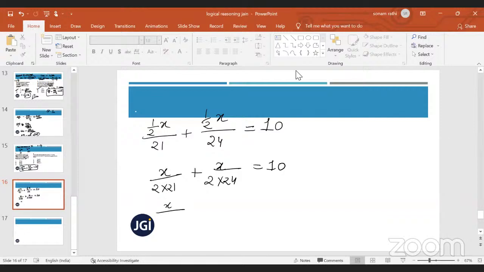X upon 42 plus x upon 48 is equals to 10. LCM of 42 and 48. Take LCM.